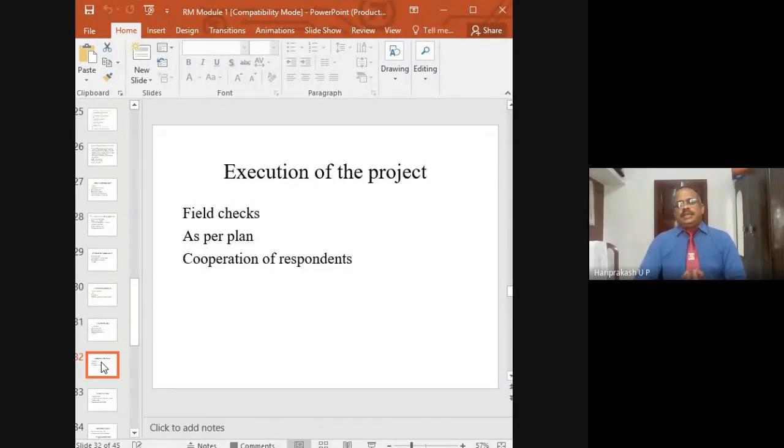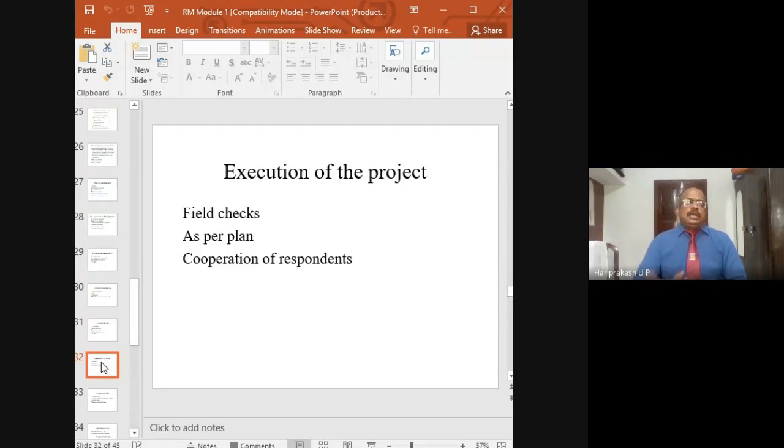Here, the respondents from whom you are going to collect data, their cooperation is required, and the approach of the researcher is also important. Now, with people having smartphones and Google apps, it is much easier.